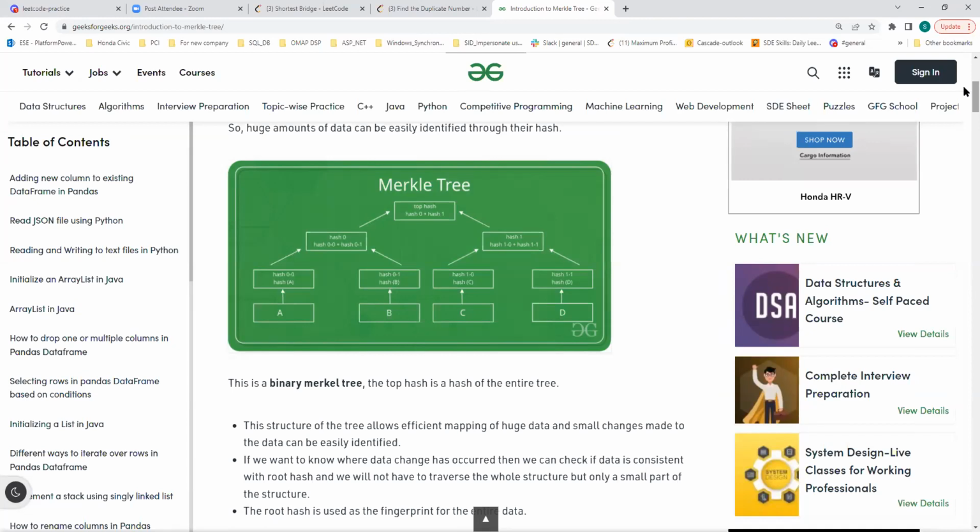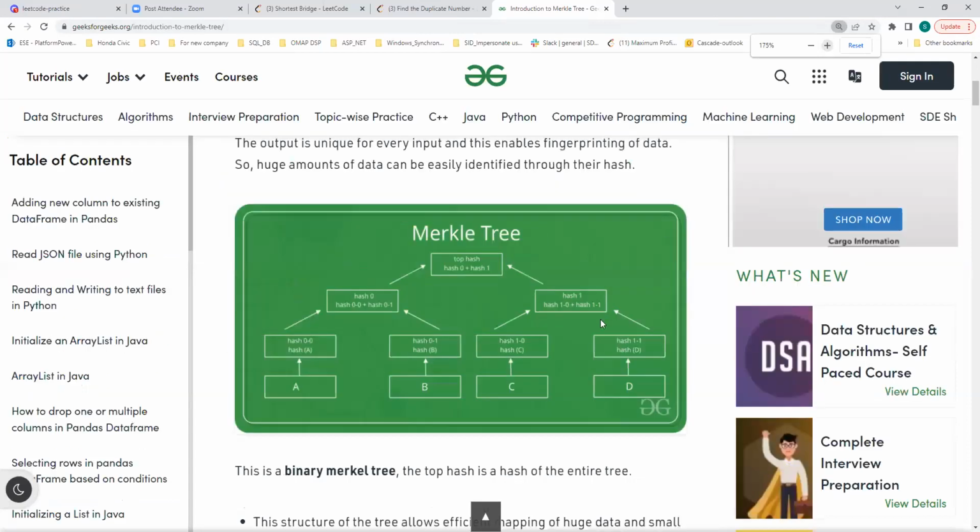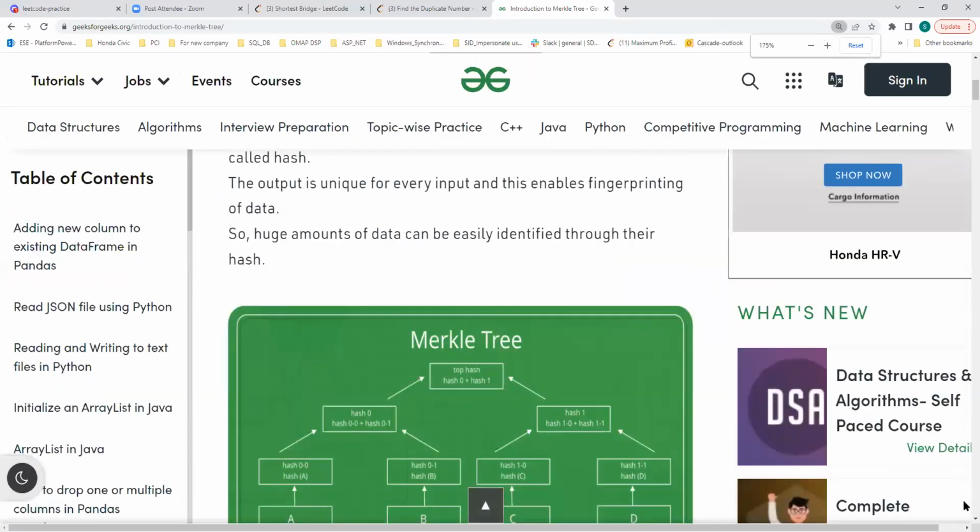Here I can see a hash on top of that, I can say hash 00, right? I think they're adding it or something. They're showing some representation of that. Basically, it's the hash of A in that node.